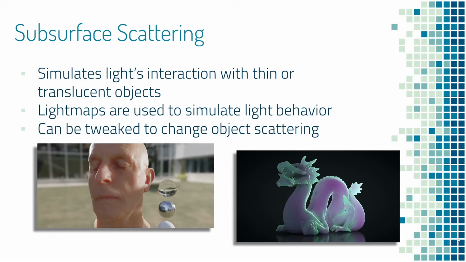Based on that, you can tweak the light maps to replicate the light behavior of different types of objects, and based on the translucency and the actual depth of the object, you can replicate the effects of subsurface scattering, allowing light to come into the object and reflect outwards.